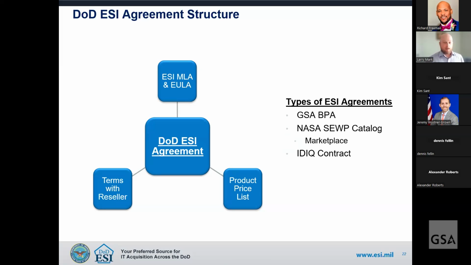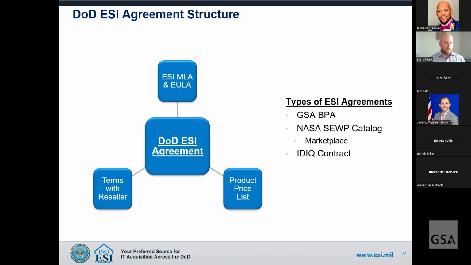We have expanded out to utilizing NASA SOUP, agency catalogs or marketplaces. And then we're also putting in place some IDIQ contracts as well. But regardless of the vehicle that we establish the agreements on, the basic structure is all the same.